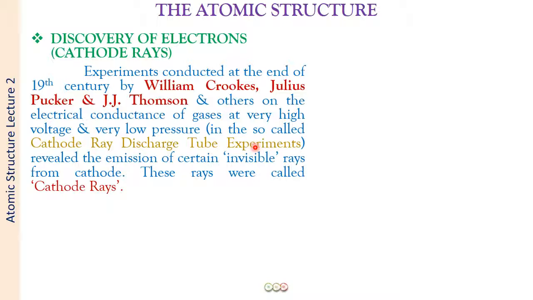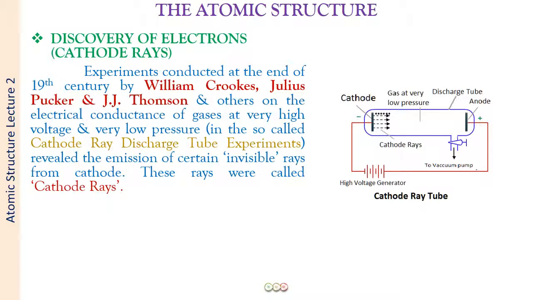They are bad conductors of electricity. So they were trying to check the conductance at a very high voltage and very low pressure. This they did in the so-called cathode ray discharge tube experiments. This is the diagram of the cathode ray tube which was used for these experiments.